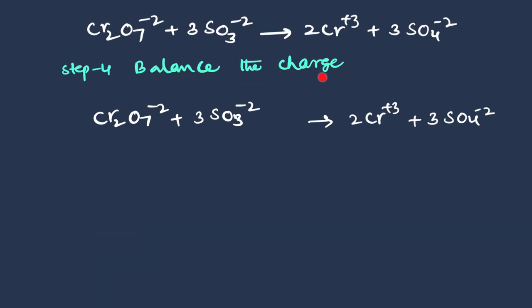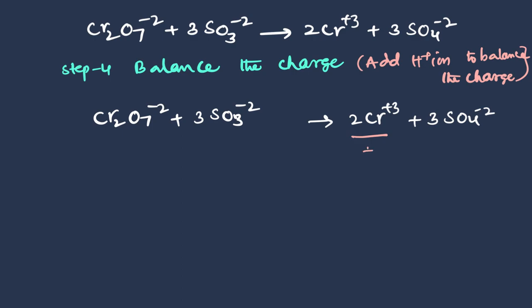So step 4, balance the charge. How do we balance this charge? Since the medium is acidic, we add H plus ions to balance the charge. On the right side we have 2 into plus 3, that is 6, and 3 into minus 2, that is minus 6, totally 0. On the left side we have 3 into minus 2, that is minus 6, and minus 2, totally minus 8.